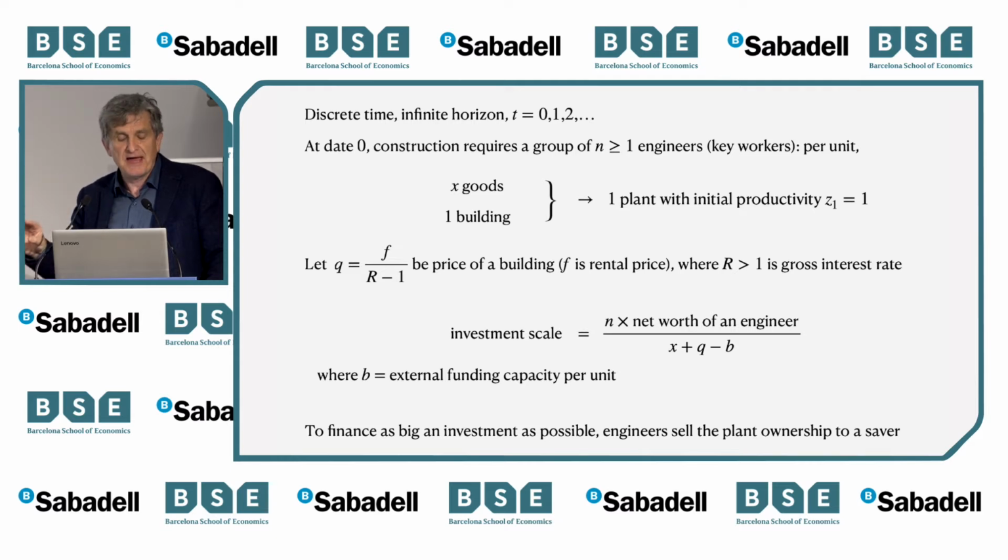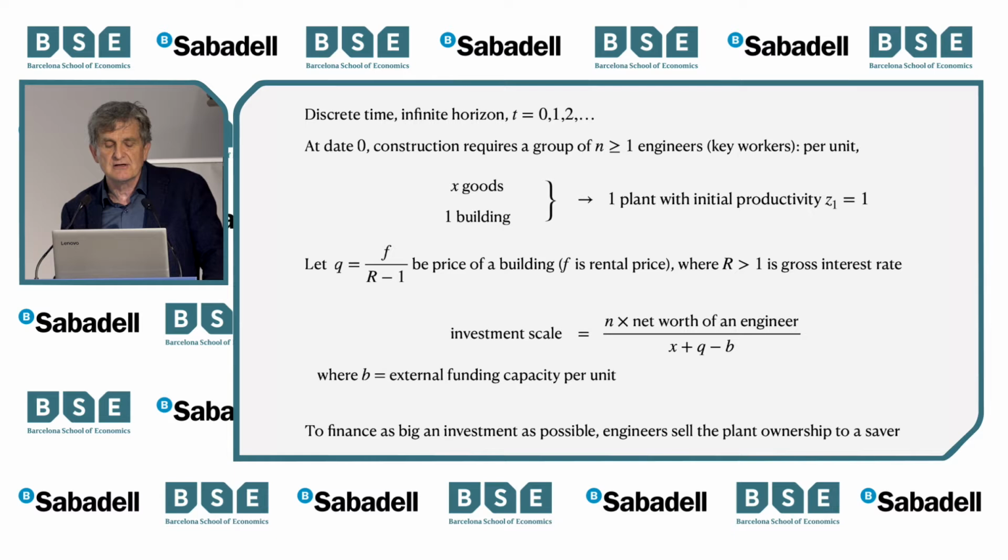That goes to pay for the inputs, which are X goods plus Q, the price of the building. This is constant returns, so X plus Q is the gross unit investment cost. But I'm also raising per unit an amount B from you. B is highly endogenous, and let's simply give it the letter B. So B is the external funding capacity per unit.